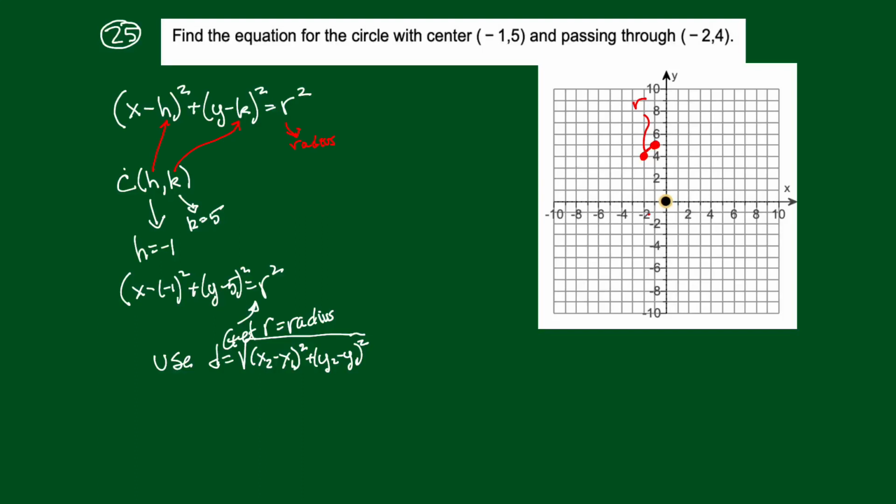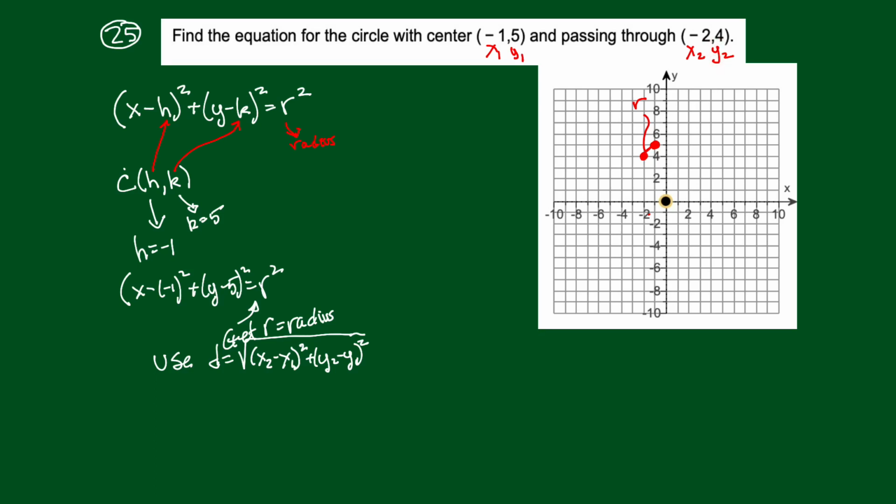Looking left to right, that is the first x I see, that is the first y I see, and moving to the right, this is the second x and the second y. So x1 is -1, x2 is -2, y1 is 5, y2 is 4.